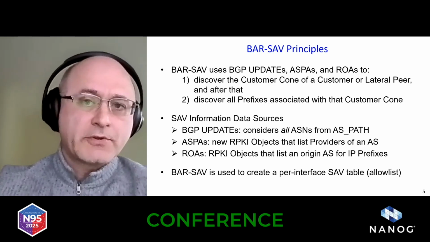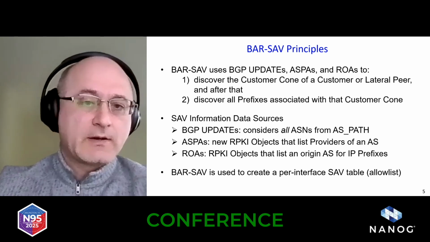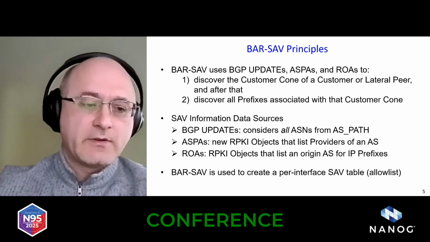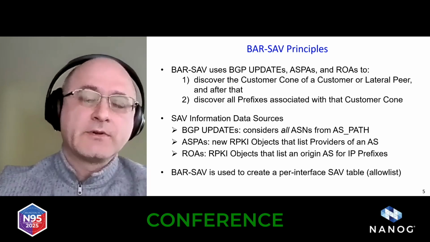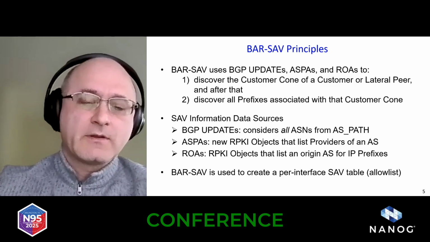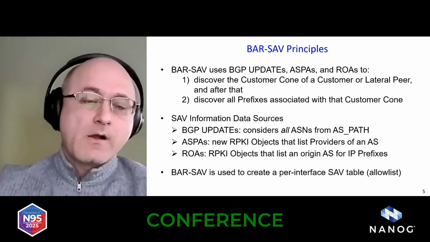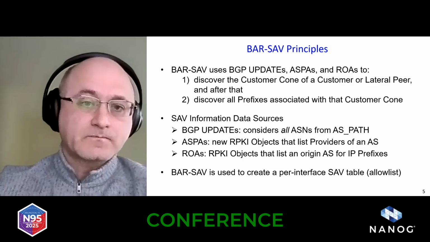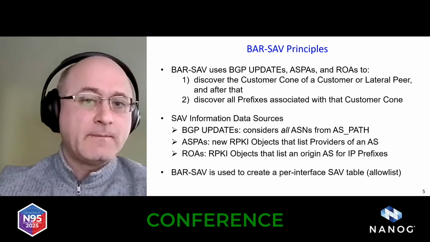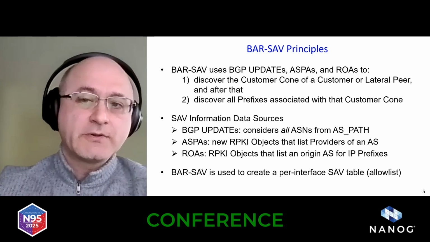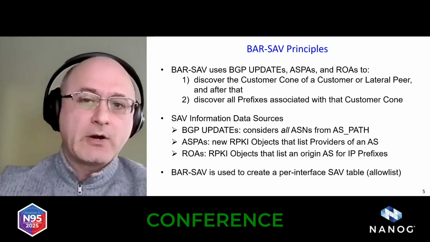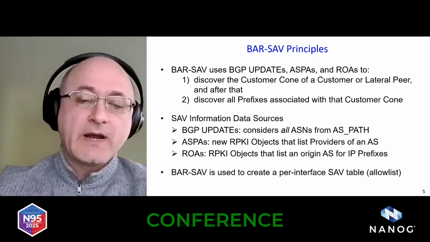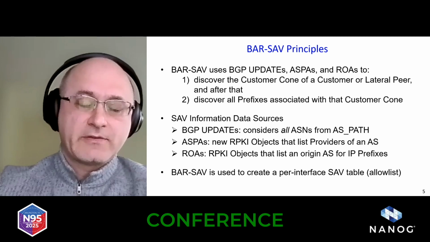Again, the sources of information are BGP updates, so that's just the same as with the current 8704, except we're looking at all AS numbers on the path. We're also looking at ASPA, which is a new RPKI object that is just about to be released as an RFC that lists providers for an AS.